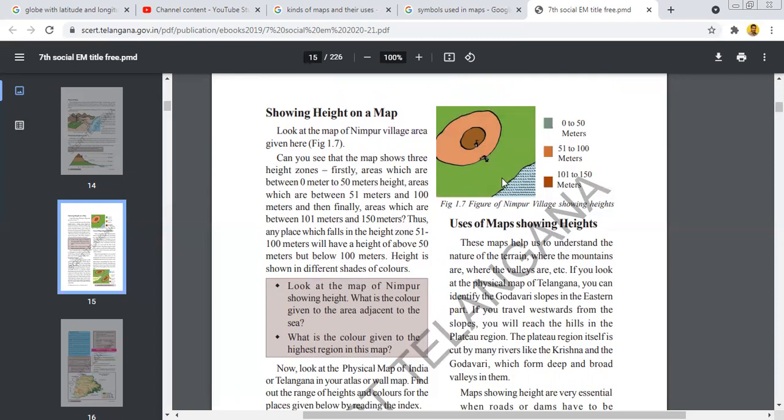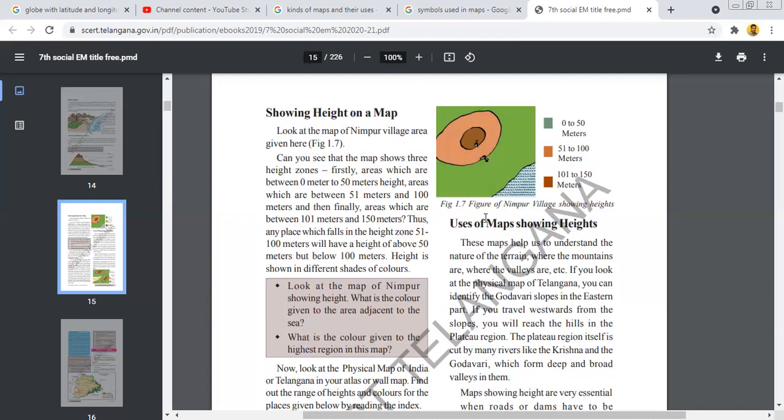Firstly, areas between 0 meters to 50 meters take one color. Areas between 51 to 100 meters take another color, and finally 101 to 150 meters.